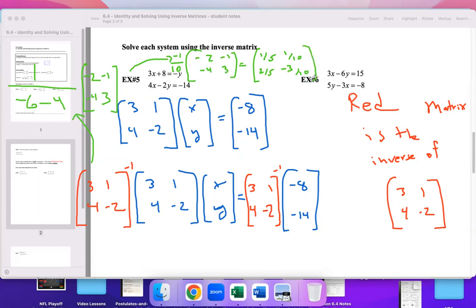So now you're going to use that down here. When I work this out, I'm going to write in my inverse, which is this.